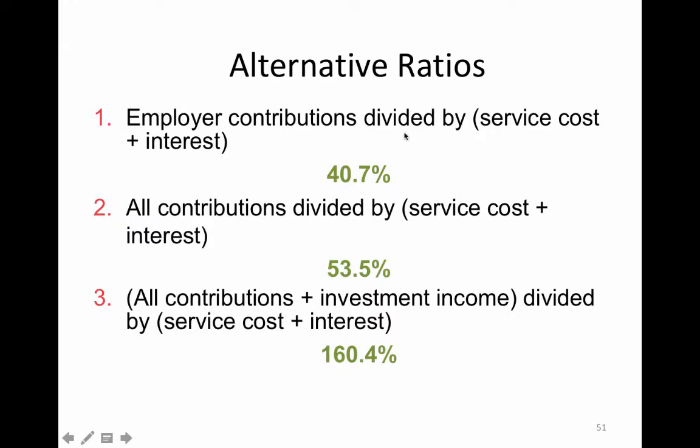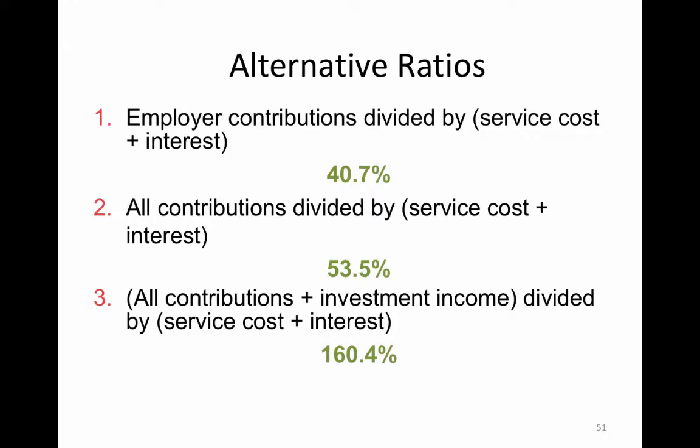Certainly, if you're looking at these two, the difference between them speaks to the balance between the portion of the liability that's being covered by employer contributions versus employee contributions. And if that gap grows over time, that suggests there's a shift from the employer to the employees in terms of responsibility for financing, or vice versa.